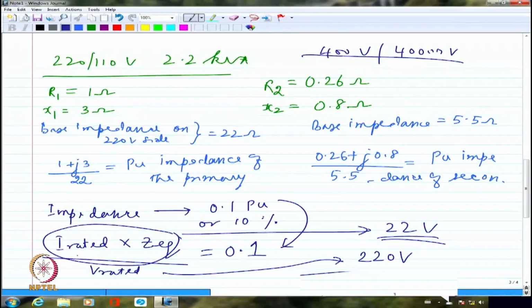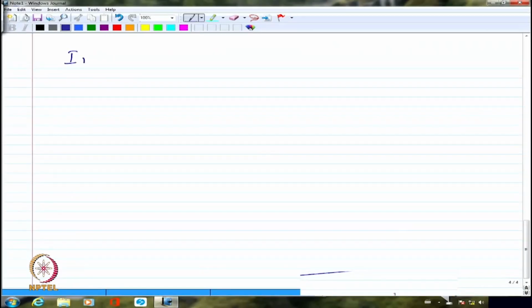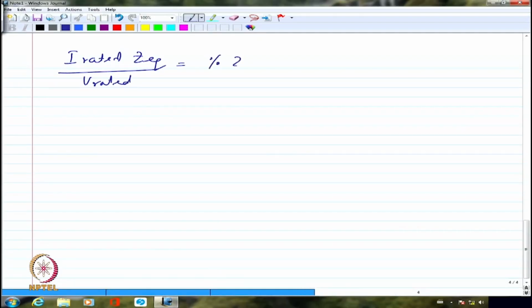I am only writing this. See, we wrote I rated multiplied by Z equivalent divided by V rated as percentage Z equivalent or per unit Z equivalent. I can similarly write I rated multiplied by R equivalent divided by V rated will give me percentage R equivalent.